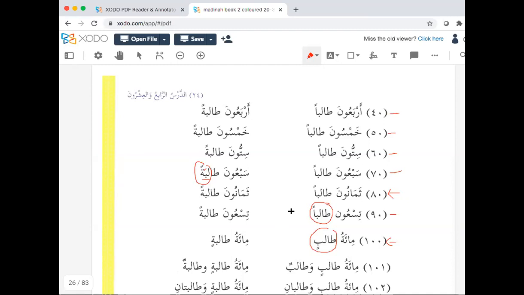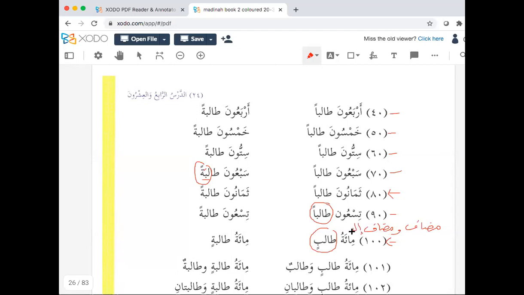مضاف مضاف إليه. أحسنت وبارك فيك. So when you come to mi'ah, as we mentioned in the last couple of lessons, the rule becomes mudafun wa mudafun ilayhi. Are you familiar with that rule, Ilyas?